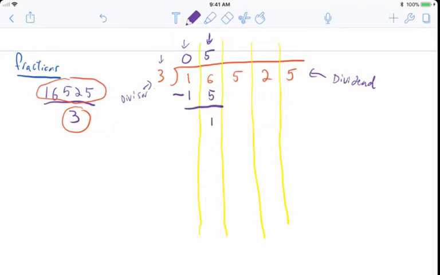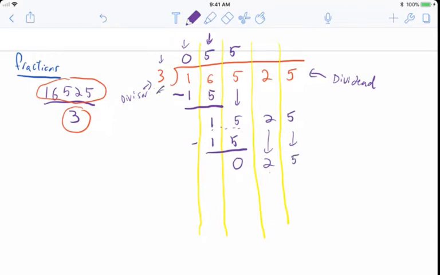1, and now I copy these numbers down this part of the column. And now I'm going to try to cancel out the 15 here. I can do it with a 5. 5 times 3 is 15. These two cancel out completely, which is great. And now I carry these two down to 5. What number do I multiply 3 by to make it smaller than 2?